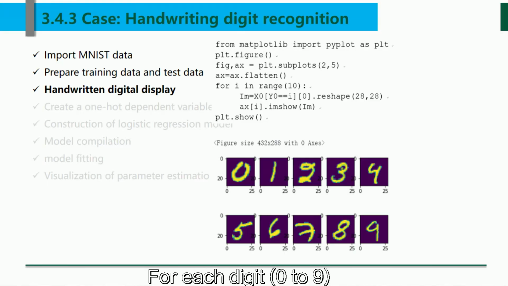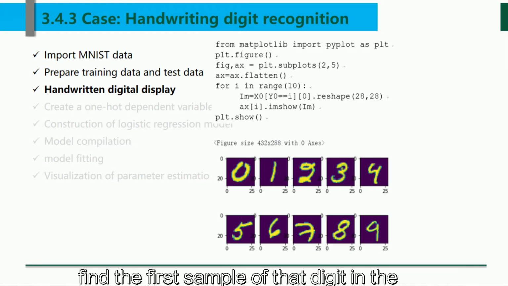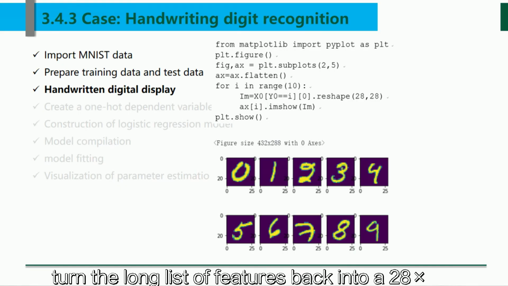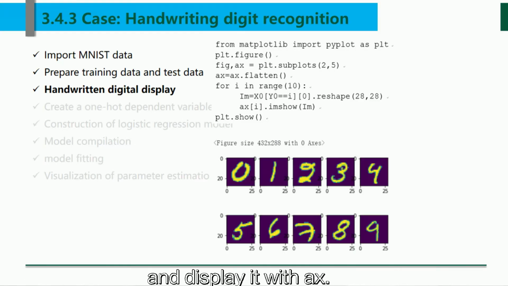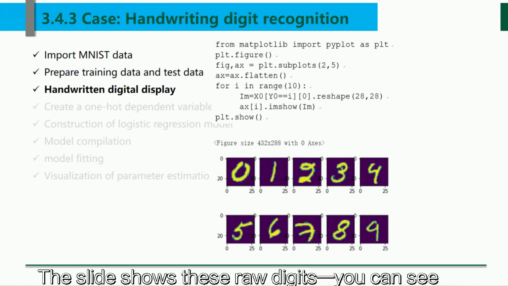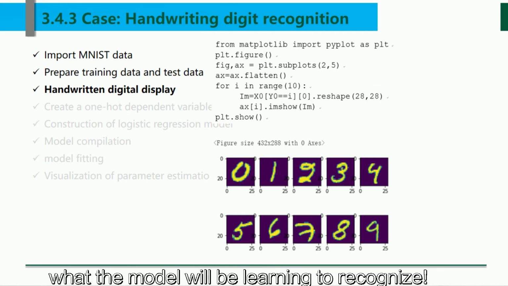For each digit 0 to 9, find the first sample of that digit in the training set. Turn the long list of features back into a 28 by 28 image, since MNIST images are 28 pixels wide and tall, and display it with ax.imshow. The slide shows these raw digits. You can see what the model will be learning to recognize.